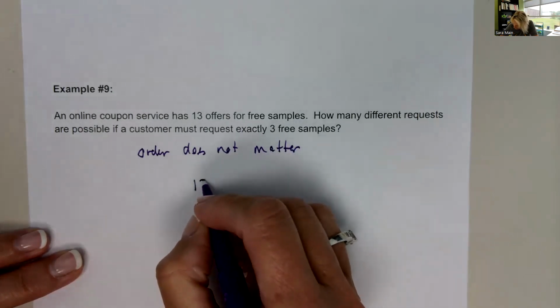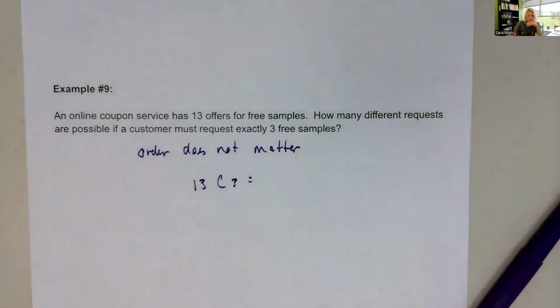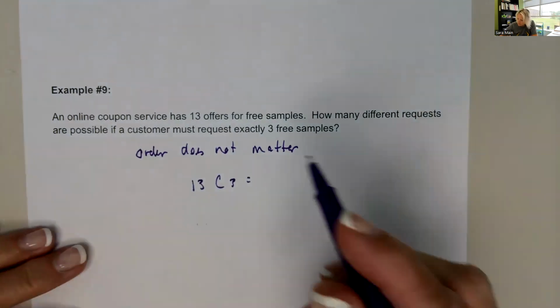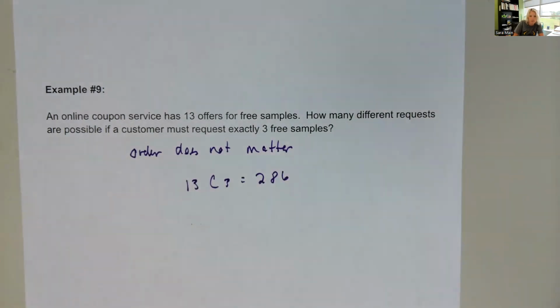And so we're going to have 13 choosing 3. I'm going to go to Desmos and copy an NCR, or you can just go to the menu and go down to functions and down to number theory. So 13 choosing 3. Looks like there's 286 ways I can choose those free samples.